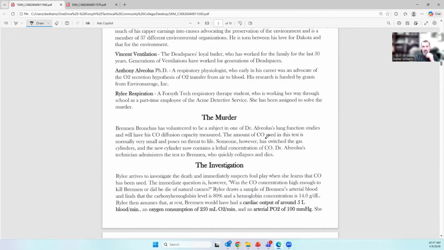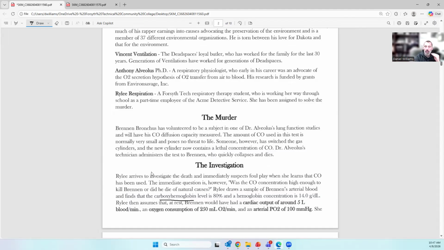When we go through this case study, it's going to be important for you all to remember that you're given some very important, vital information throughout the case study that you're going to need for those calculations. So friends, we do need to remember that they have a carboxyhemoglobin level. We've talked about deoxyhemoglobin, oxyhemoglobin, methemoglobin, different types of anemias, carboxyhemoglobin.